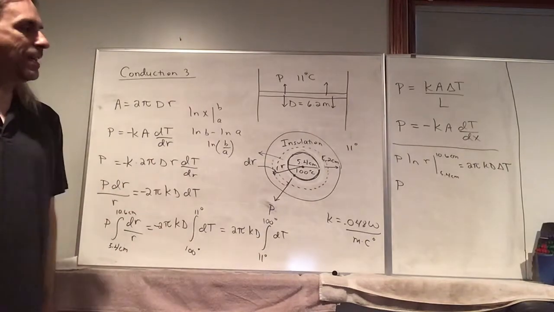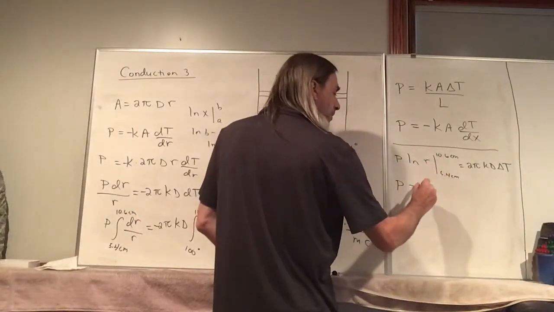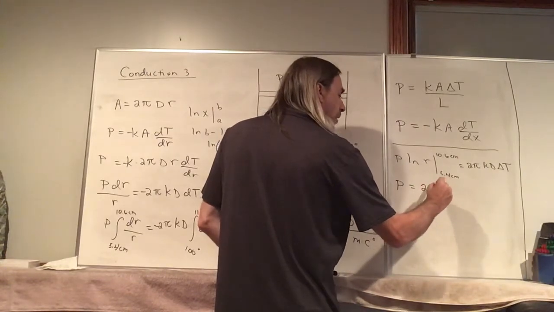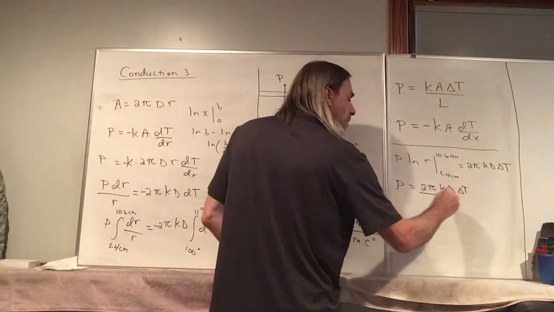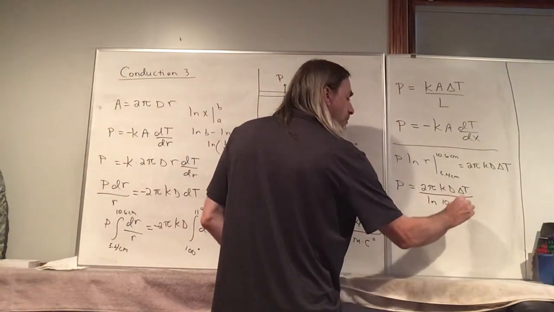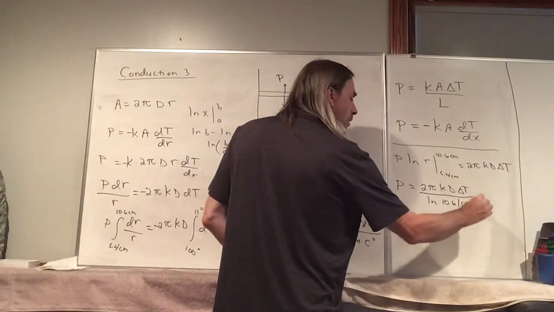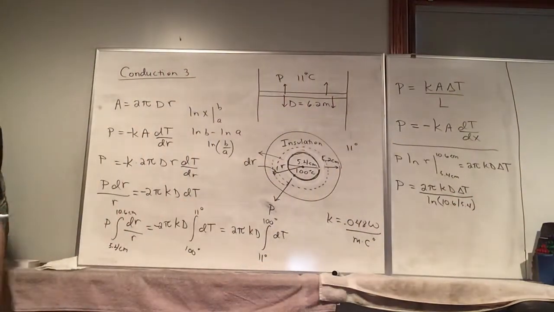We want to get P by itself, so let's divide by this part. We have 2 pi kd delta t divided by the natural logarithm of 10.6 over 5.4. That would be the power.